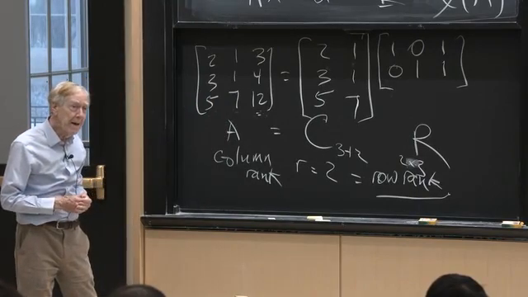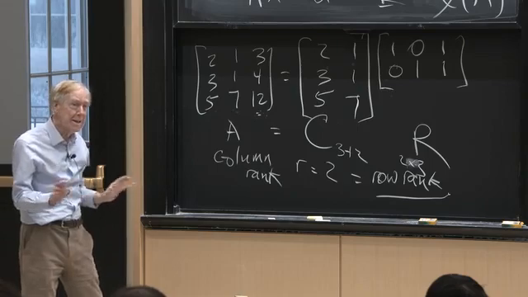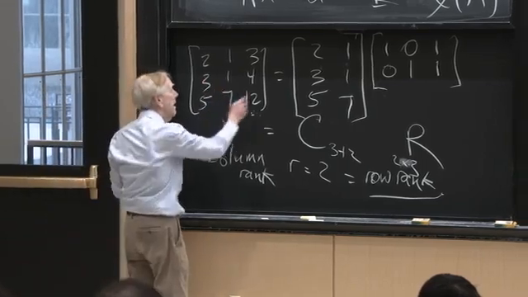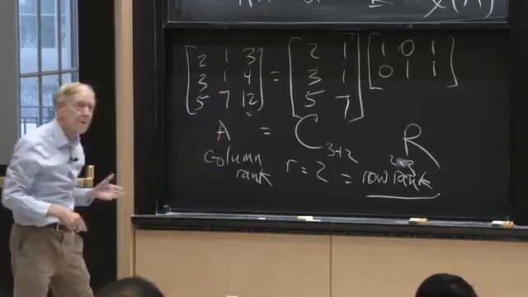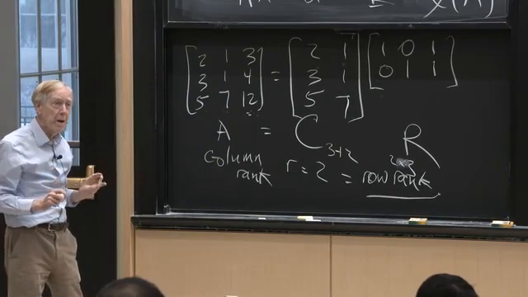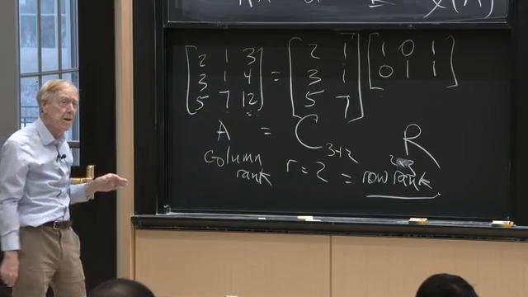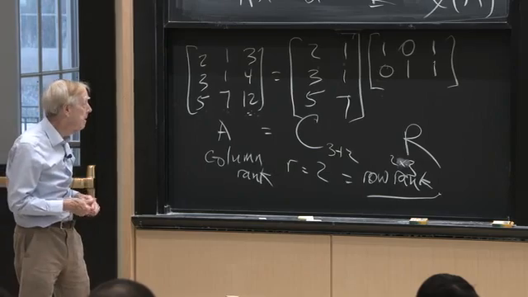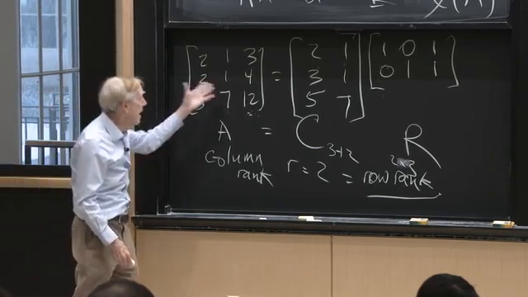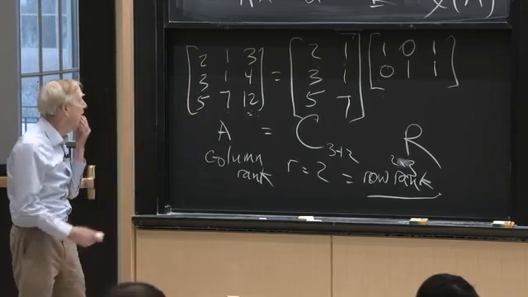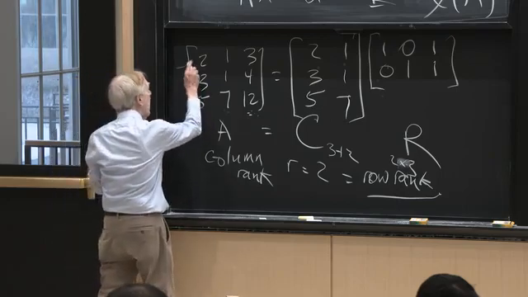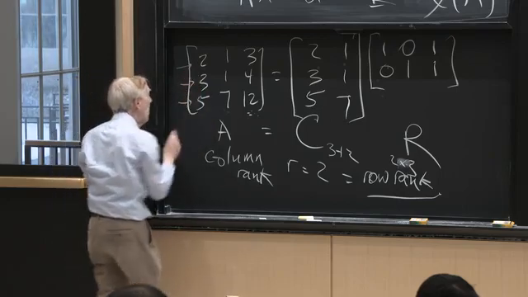Do you believe that? You got to believe it. This is linear algebra. The matrix is not invertible. It's square, but the columns are dependent. So the rows have to be dependent. And there's some combination of that row and that row that gives that one.